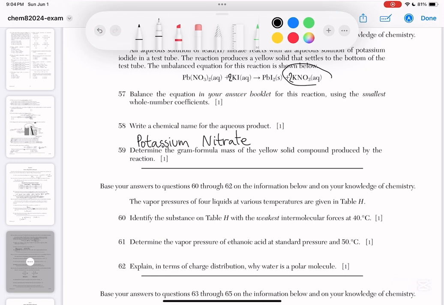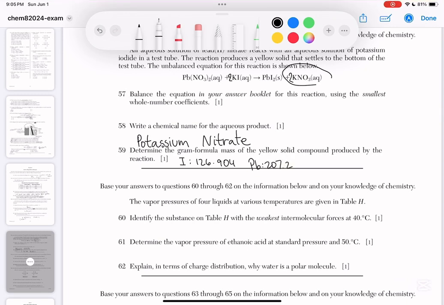Oh my gosh, it's falling apart. Okay, so the I is 126.904. And then the lead is 207.2, I think.